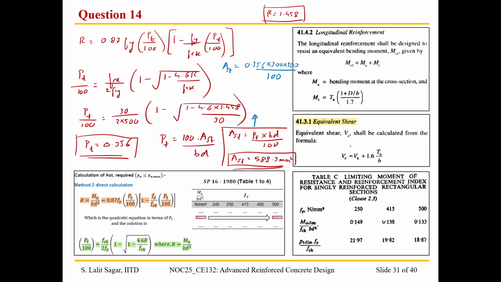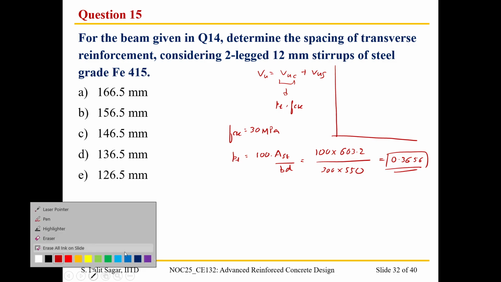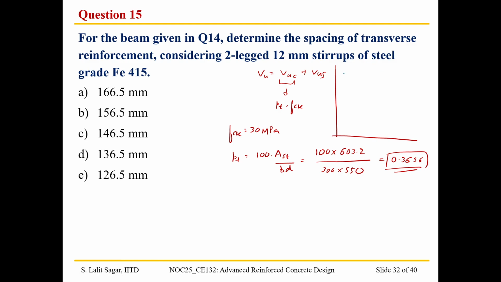That is using this equation: Ve is equal to Vu plus 1.6 Tu by B. That is 1.6 into 75 into 10 to the power 6 divided by B, that is 300.